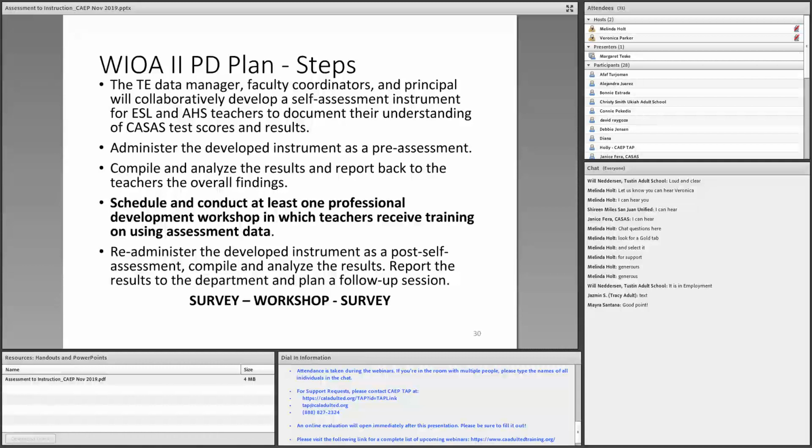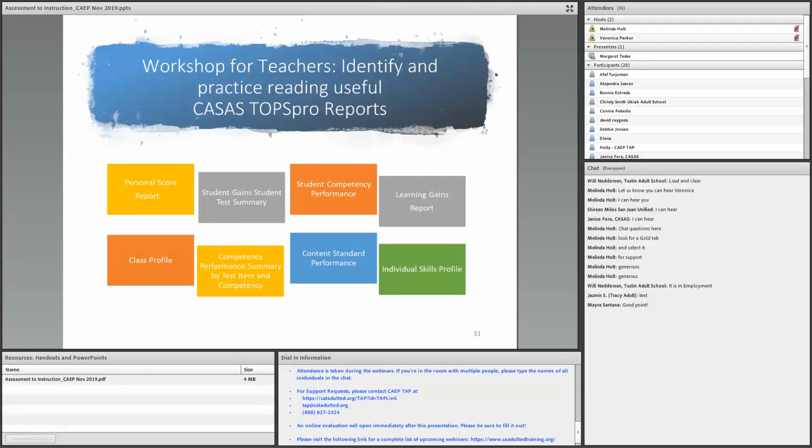They compiled the results, and as a result, they scheduled one and then a follow-up professional development workshop in which the teachers received training on assessment data. Then at the end, they re-administered the developed instruments. So they surveyed, did a workshop, and surveyed again. This provided a lot of good feedback to them.